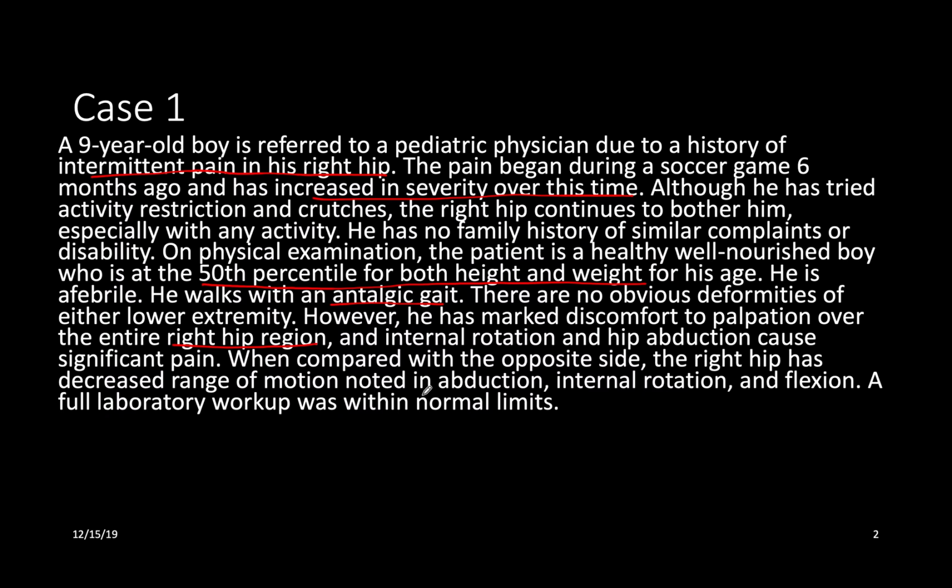Okay, great. So we're having a lot of issues with right hip range of motion and significant pain with moving that right leg. First thing, what are some of the things that are going to be on our differential?